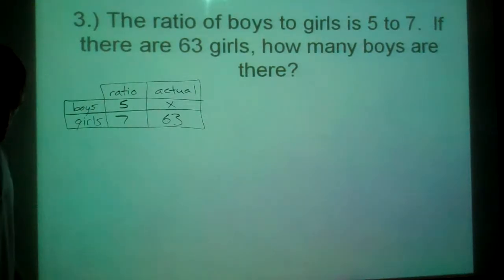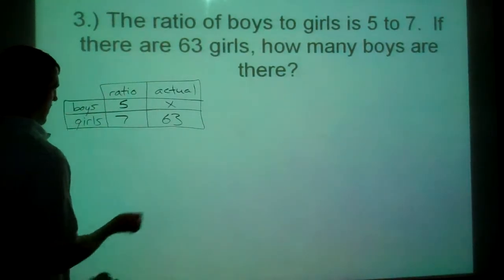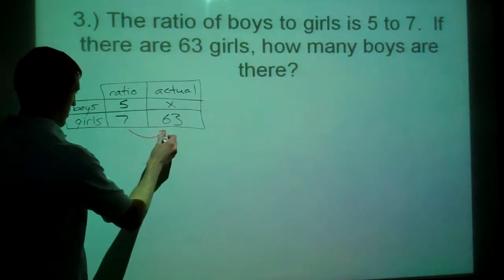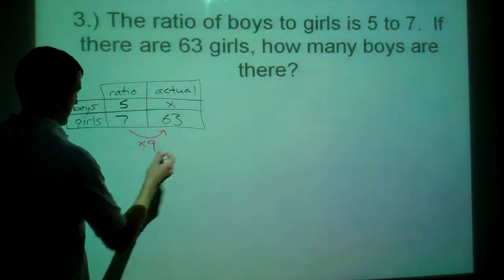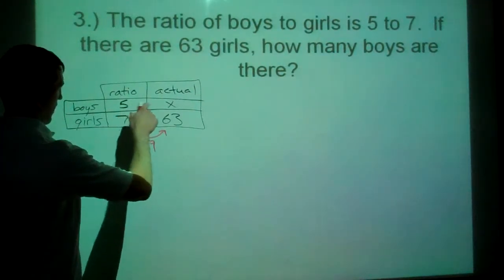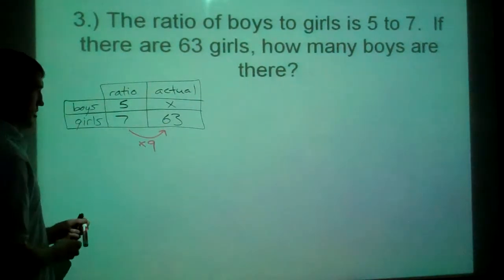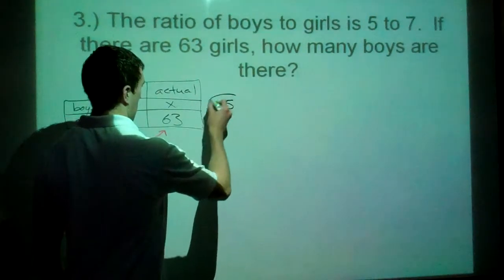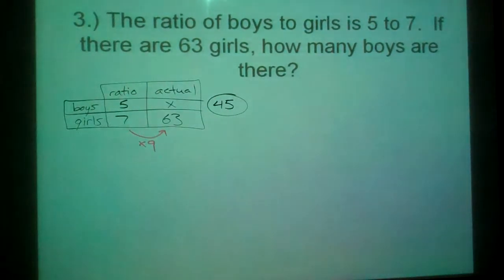We could also just look at our table here, and I know that to get from 7 to 63, 7 times 9 is 63, so if I do 5 times 9, I should get our answer, and that would be 45. So 45 boys there. Alright, 5 times 9.